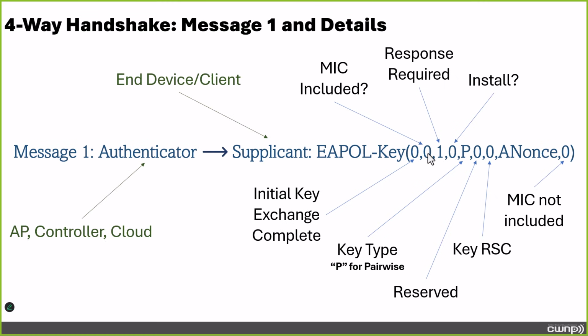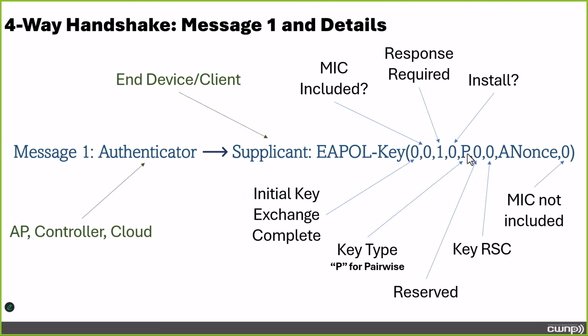The second bit is the MIC included. That's going to be 0 in message 1 because we don't have the PTK derived yet to be able to calculate those. Response required, that's set to 1 because obviously we can't be done after message 1 when we're supposed to have 4 messages. Install is set to 0 because after just one message, there's not enough knowledge to install it.